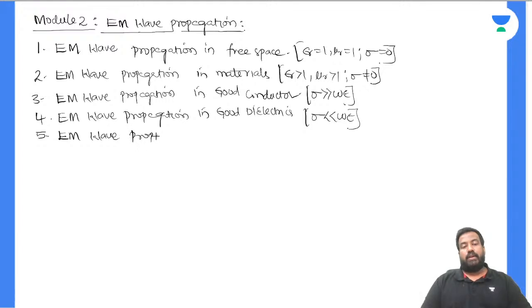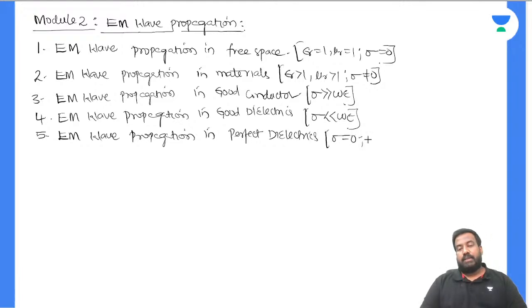It also was covered EM wave propagation in perfect dielectrics. Perfect dielectric is a case where sigma is 0, epsilon r is greater than 1 and mu r is greater than 1. We had covered up to these topics.